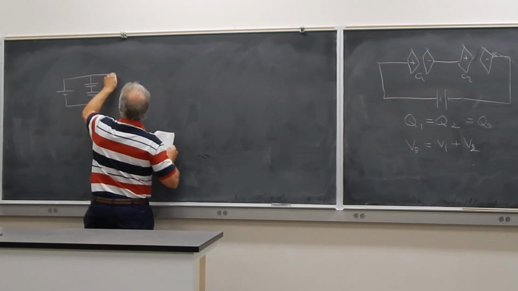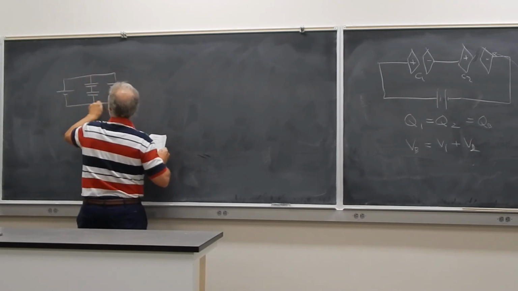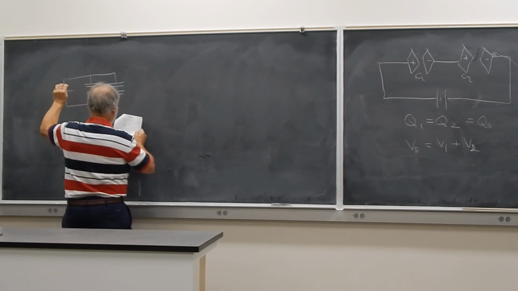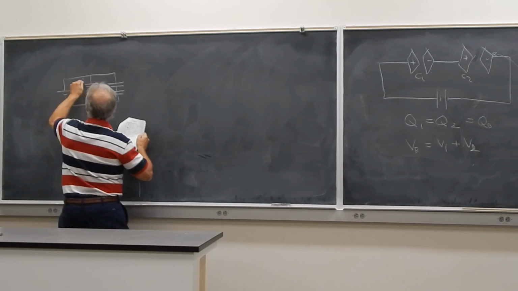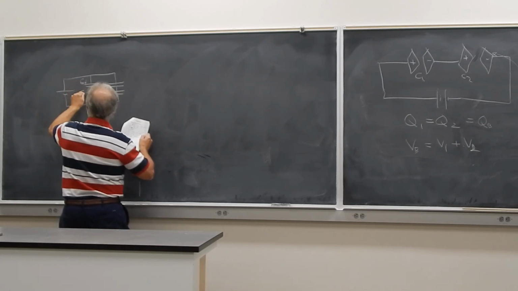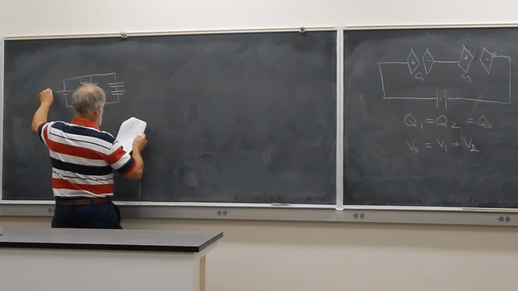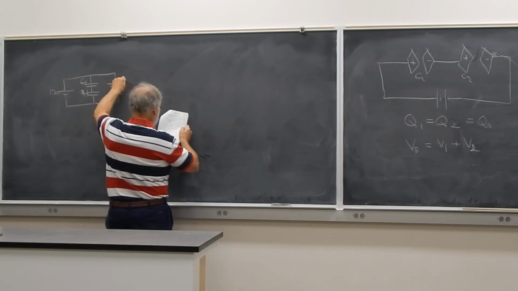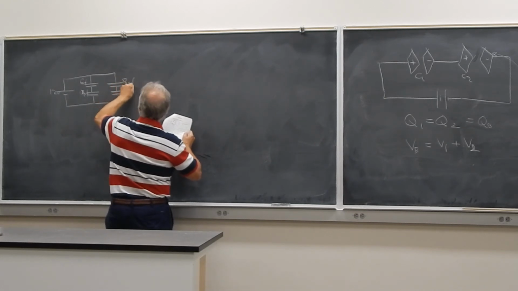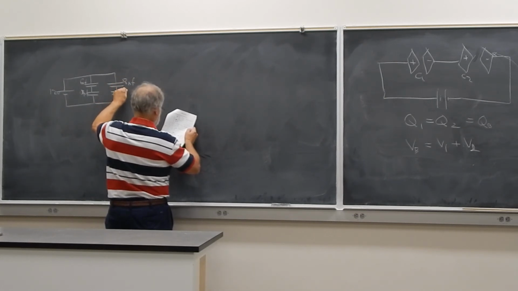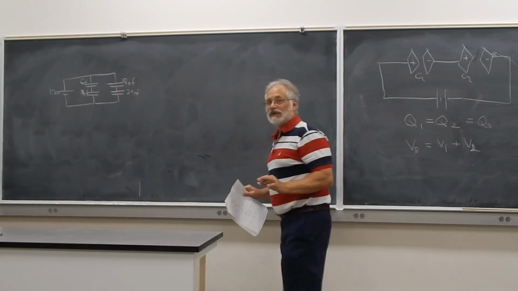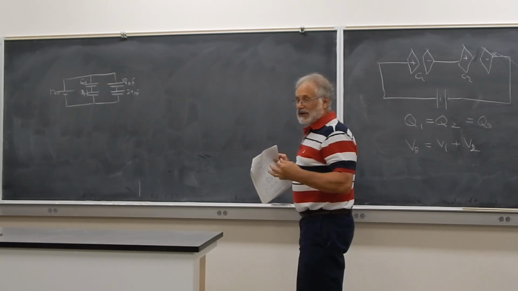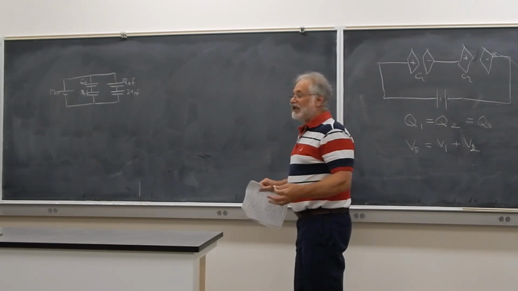Suppose I have capacitors configured in this way, and I have a 6 microfarad, a 3 microfarad, 12-volt battery, 8 microfarad, and a 24 microfarad capacitor. I want to do the same thing. I want to find the equivalent capacitance, find all the charges, and all of the voltages.